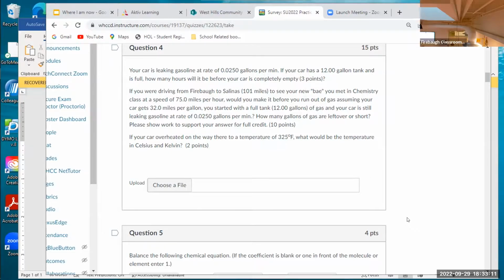So convert miles to hours. Okay, so how would I convert miles to hours? I have 101 miles. What do we need to convert to hours? So 75 miles on the bottom and 1 hour on top.